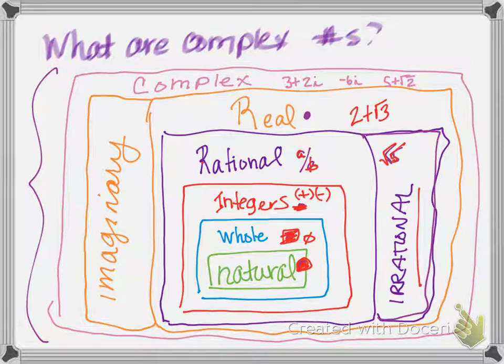Now, there's something to the side of real called imaginary. If it's not real, it's imaginary. Those numbers are like i, or 2 plus i square root of 3. The number system that includes both imaginary and real is called the complex number system.